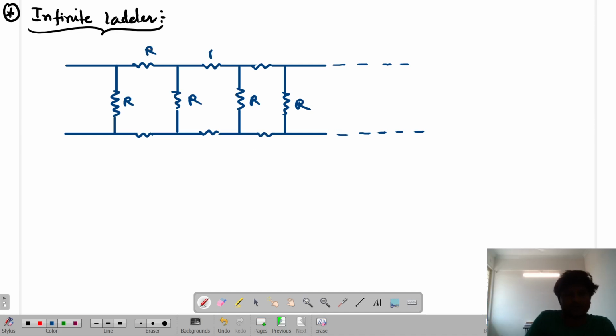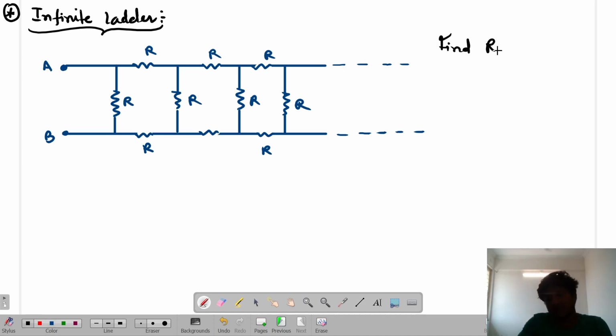It is going till infinity. Then find the equivalent resistance between A and B. क्या पूछते हैं? Find R of AB.